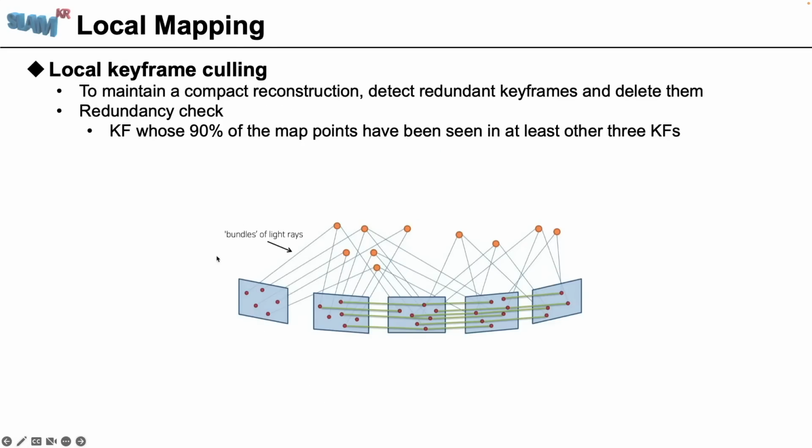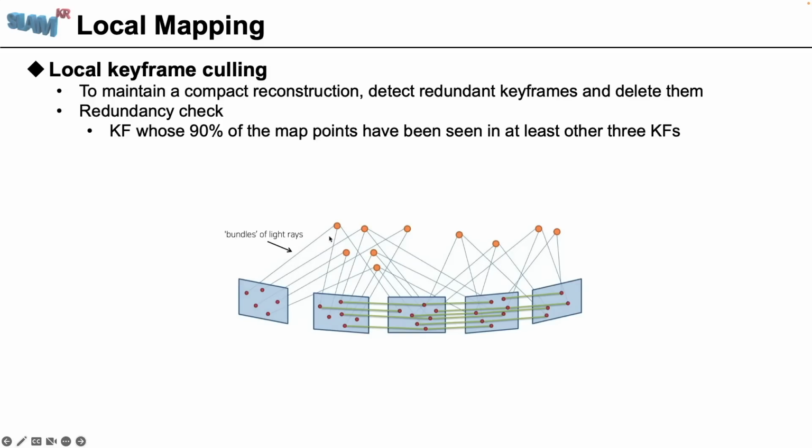And in order to maintain a compact reconstruction of the map, local keyframe culling is conducted. Culling means deletion or removal, and it is called the redundancy check. That means if a keyframe has 90% of its map points seen in at least 3 other keyframes, the keyframe would be deleted.